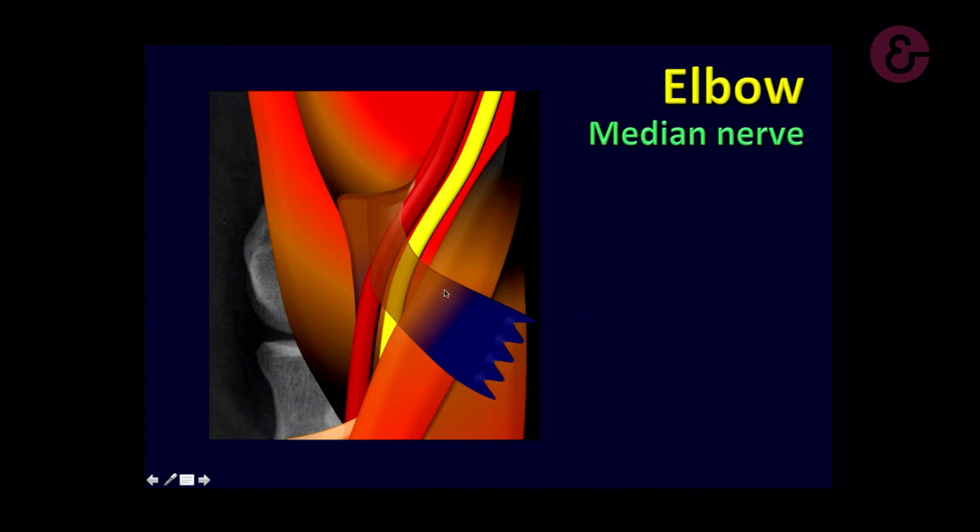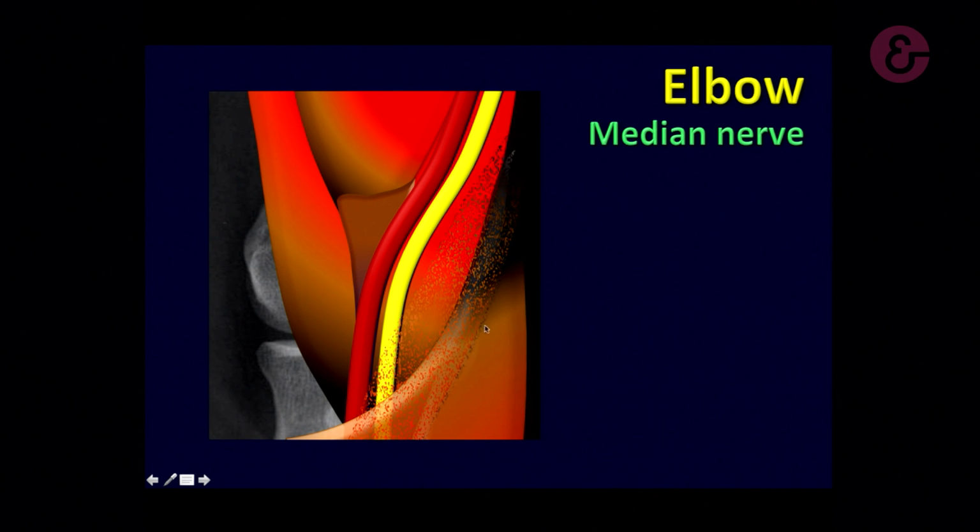The first one is the lacertus fibrosus. It's very rare. I never saw that, never seen. The second one is the pronator teres, because it runs just below the muscle.